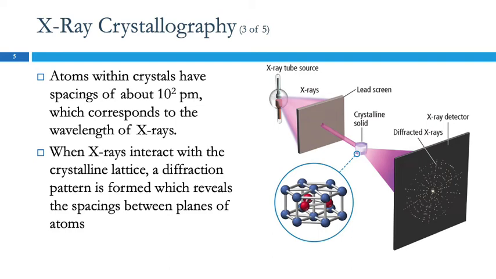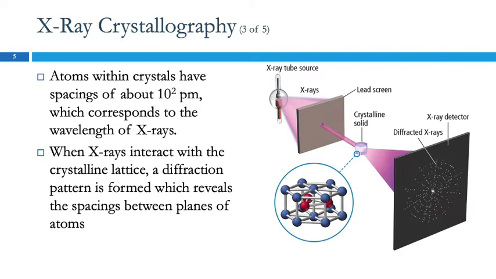So here, instead of using visible light, we're using X-rays, because X-rays have wavelengths that are on the scale of the distances between atoms in crystals. So we're taking the X-rays and focusing a beam of X-rays on the crystalline solid.